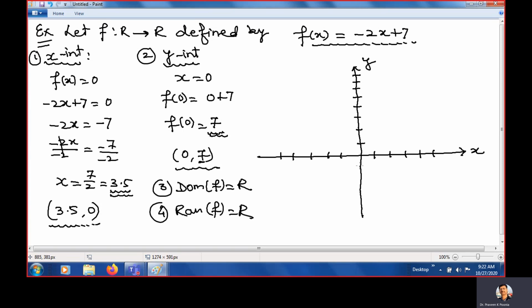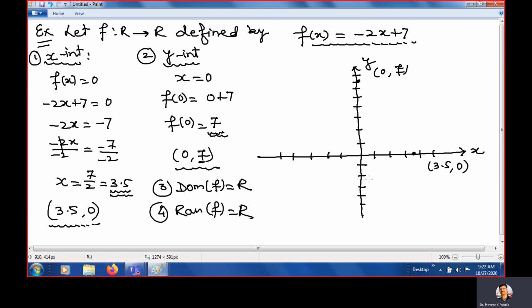Clear? There is no negative value, so no need to draw here, but okay, no problem. Now 3.5 will be here in between. 3.5 comma 0. Okay, 1, 2, 3, 4, 5, 6, 7. This is 0 comma 7.